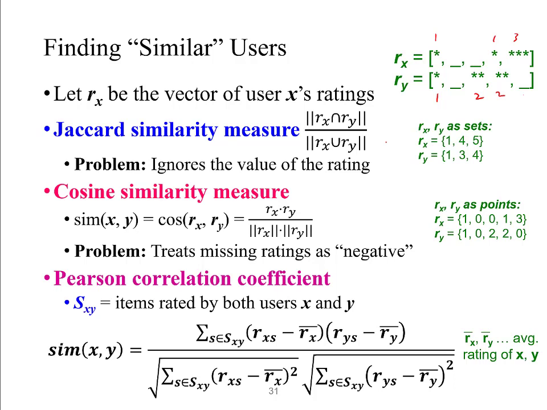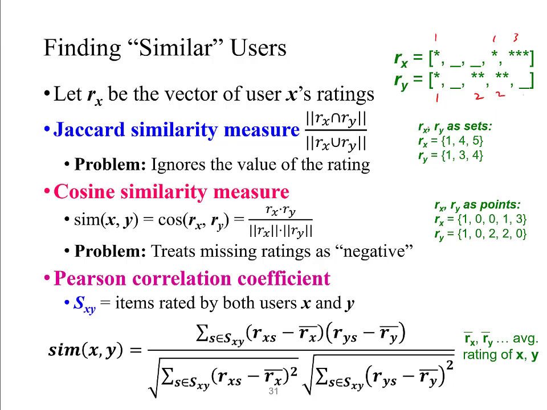But anyway, for Jaccard similarity, what we measure is the size of the intersection between Rx and Ry over the size of the union of Rx and Ry. In this case, we treat Rx and Ry as sets. So Rx is 1, 4, 5, because Rx only rated the first, fourth, and fifth items among all these 5 items. And Ry rates only the first, third, and fourth items.